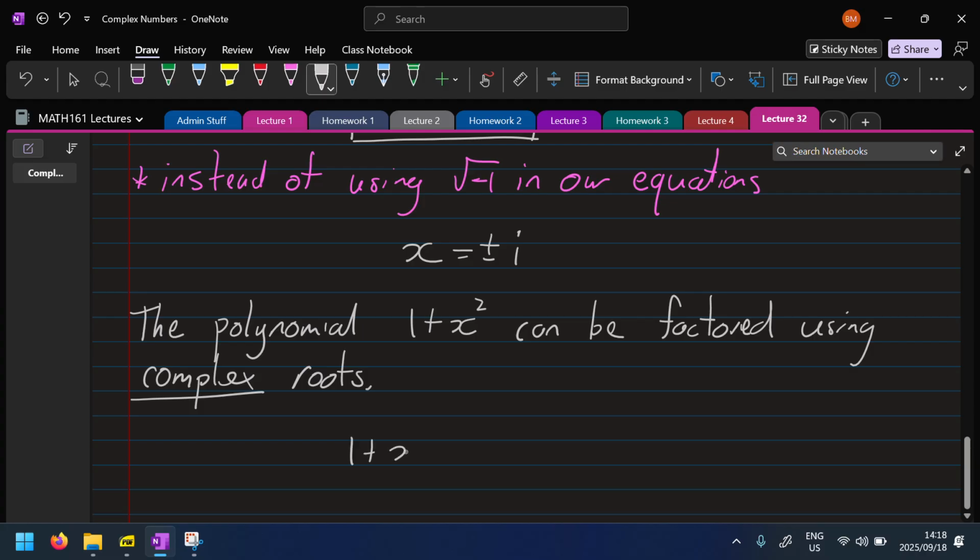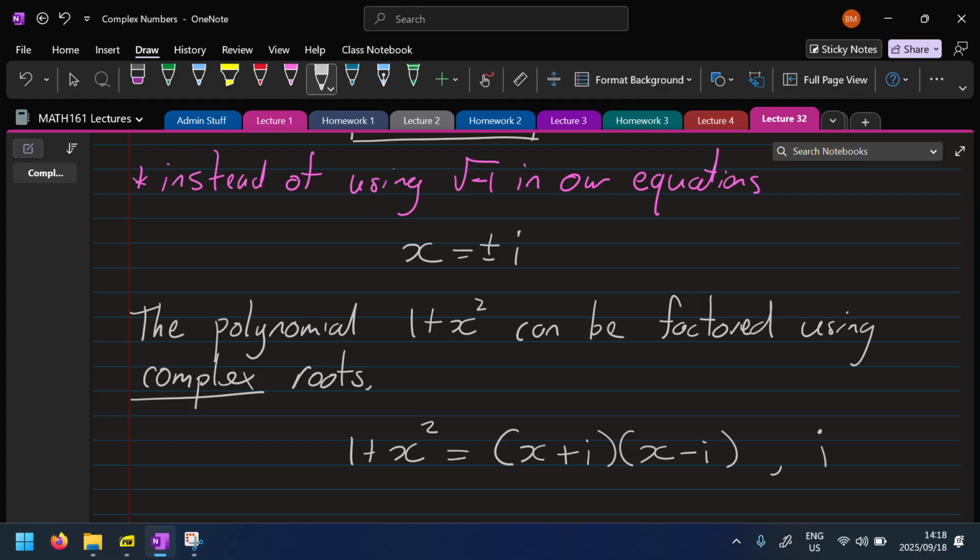So 1 plus x squared, we can write it as x plus I, x minus I. And again, remember, I squared is minus 1. If you multiply that out, we get x squared plus ix minus ix, that cancels. And then when you do I times I, remember that's minus 1.